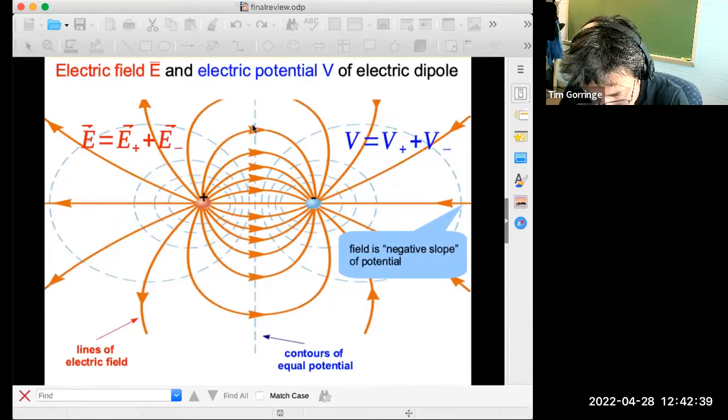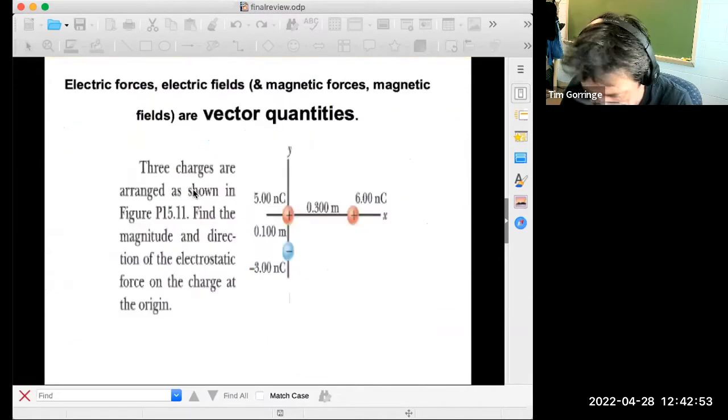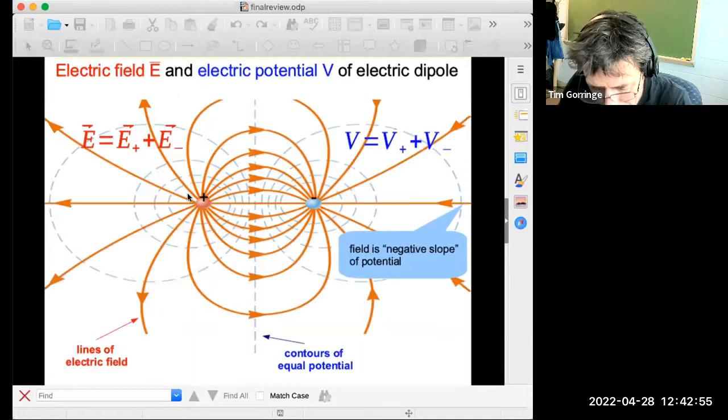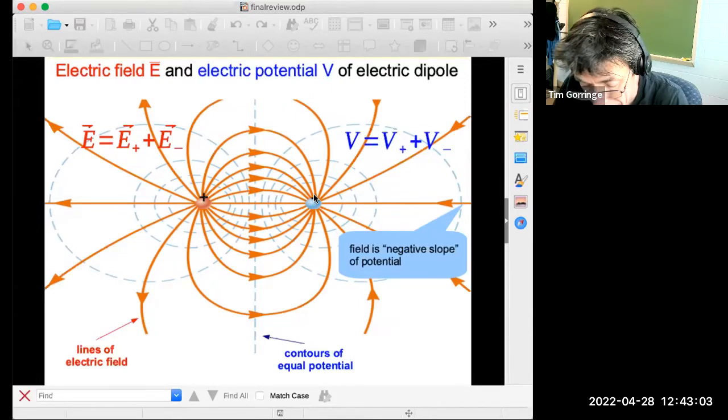So if you look along this midplane here, it's an interesting thing. The field lines are just sweeping left to right along the midplane, and the field is left to right along the midplane. If you look in the neighborhood of the positive charge, you see the field lines are coming radially outwards from the positive charge, and that's because the field is radially outwards from a positive charge.